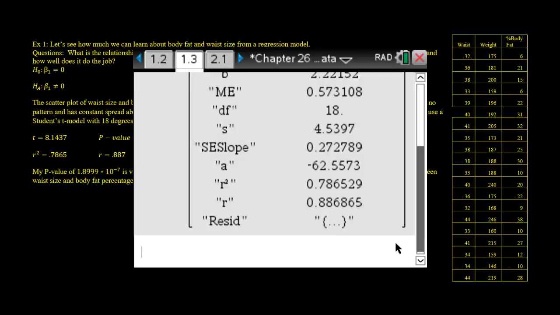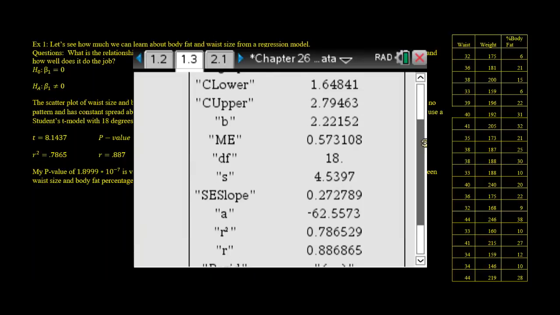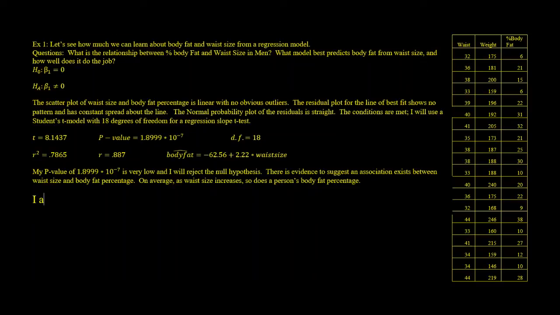95% interval, so we're good. We scroll up and we can see our interval. It looks like the lower is 1.64841 and the upper is 2.79463. So we're ready to state our confidence interval.